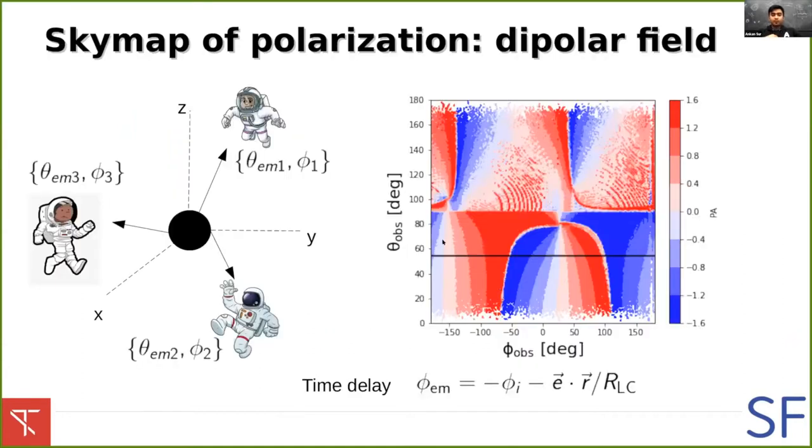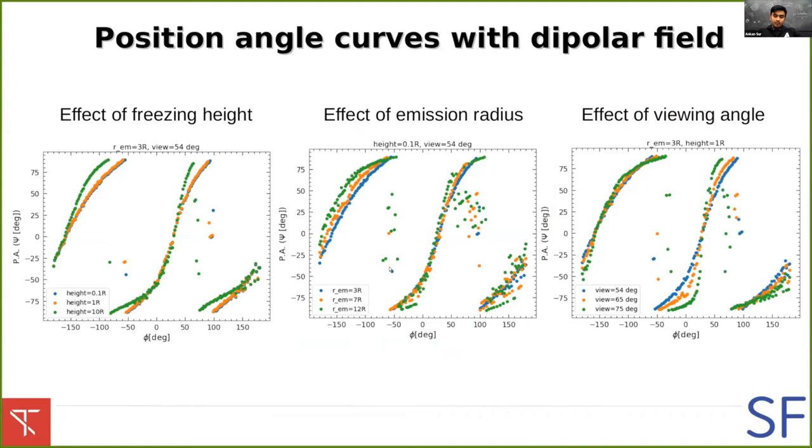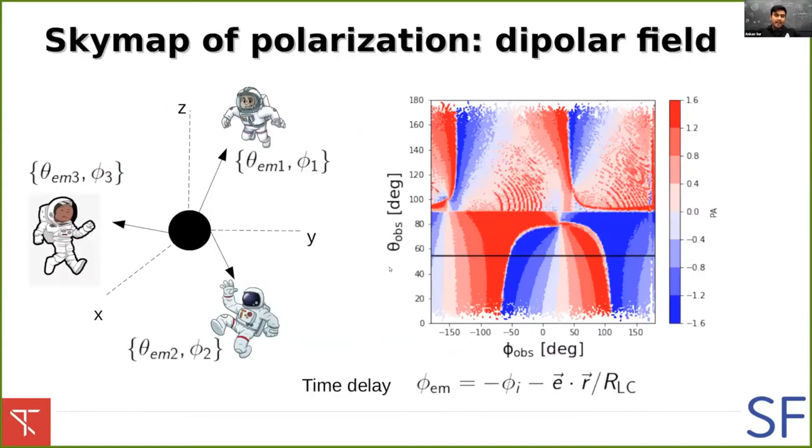Now, before we calculate the position angle curves we are interested in, we first calculate the sky maps. So the idea is that along this emission sphere, we move the observer at each point, and at each point we have this direction of emission. So we map each point on this emission sphere to an observer plane and calculate the polarization.